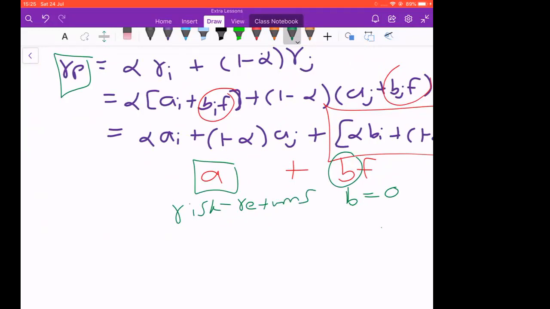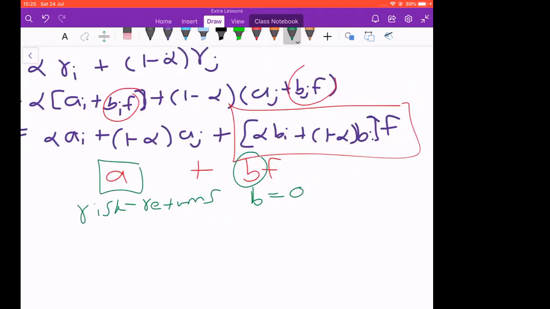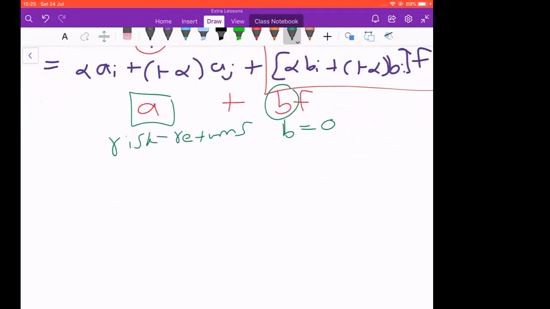But then how can this thing be equal to 0? At what point can this thing actually be equal to 0, right? So alpha BI plus 1 minus alpha BJ can only be equal to 0 when your alpha is going to be equal to what?